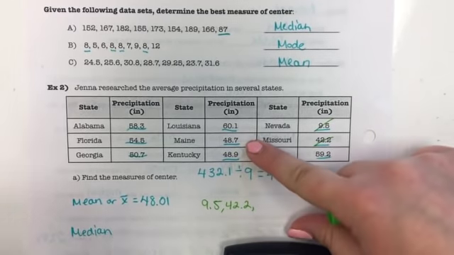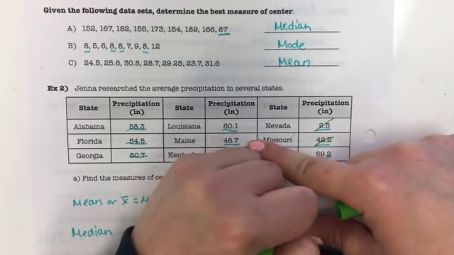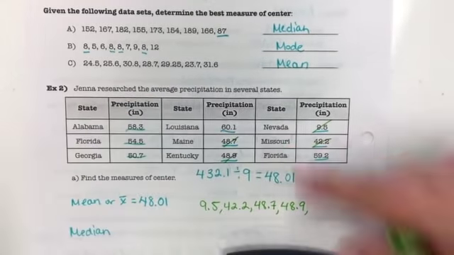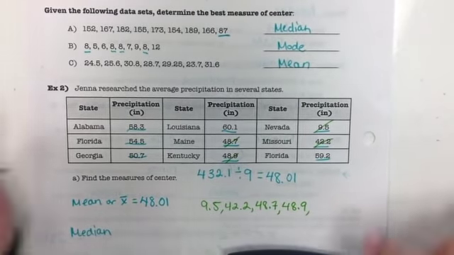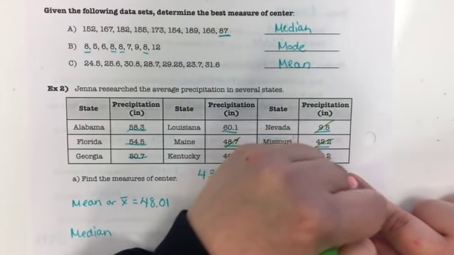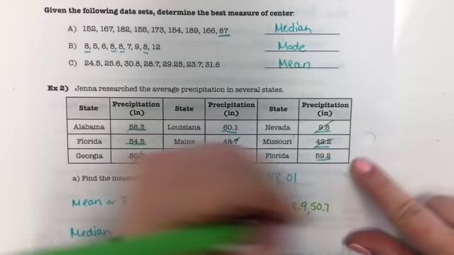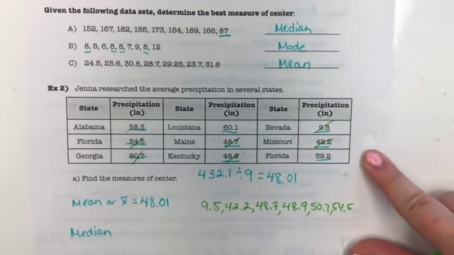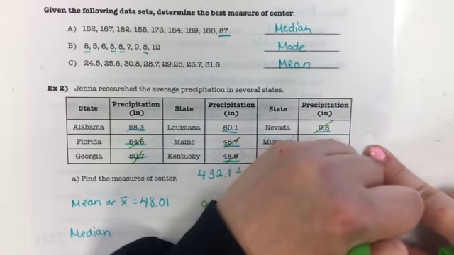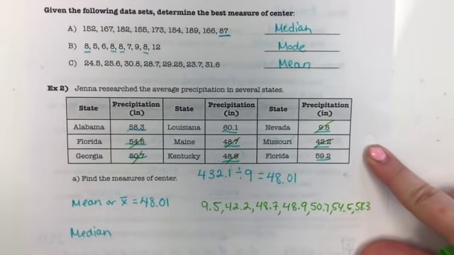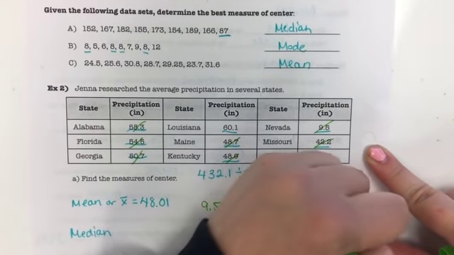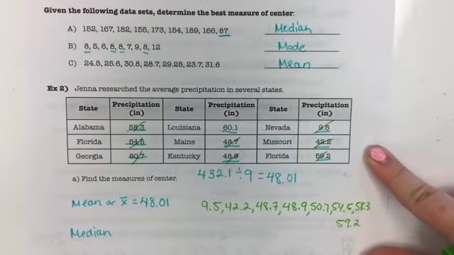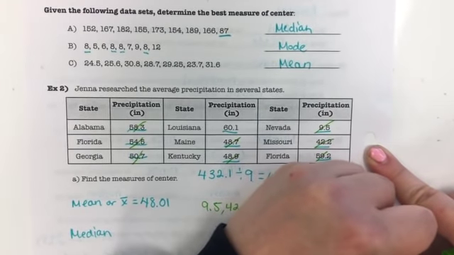Then we're going to have 48.7, 48.9, 50.7, 54.5, 58.3. I'm going to run out of space, so I'm going to move down to a new line, 59.2 and 60.1.